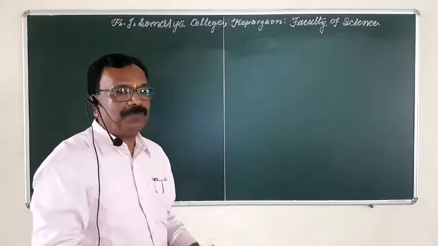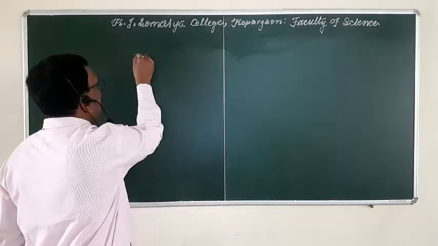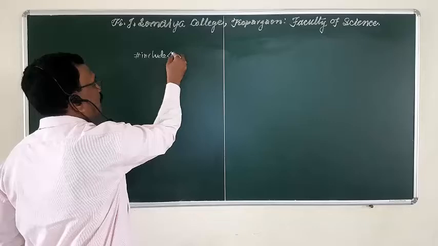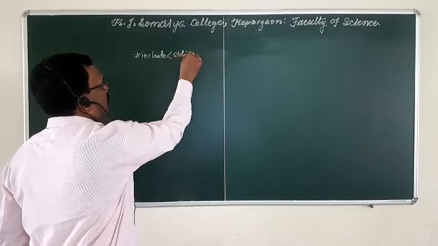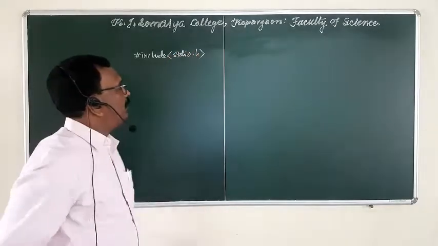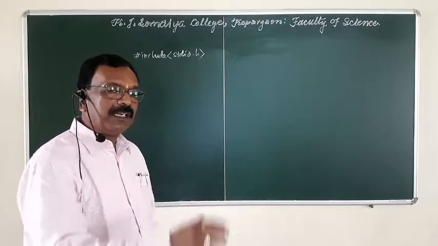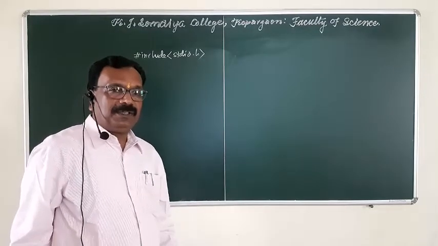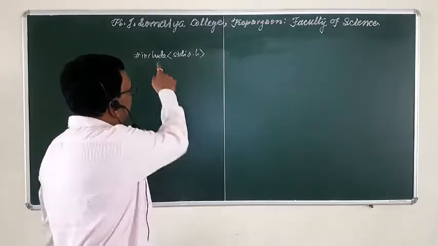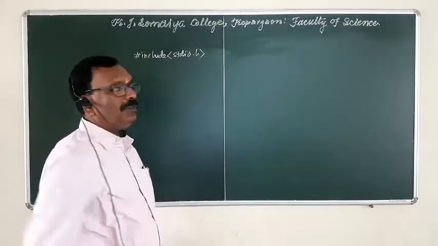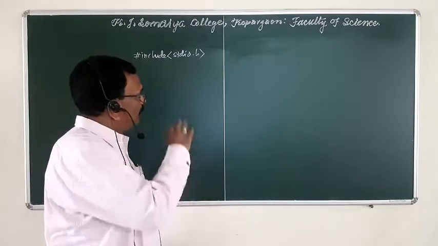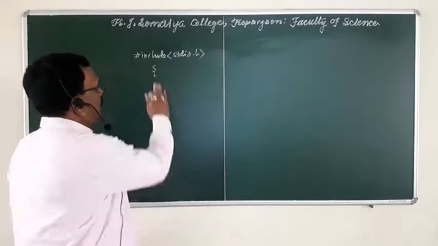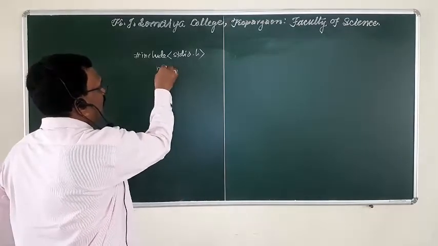See here the first program. Main has #include, this is the preprocessor, stdio.h. This is the standard input output header file, which is always in the C library. By using this statement, we bring the standard input header file into the program. Then the main function.